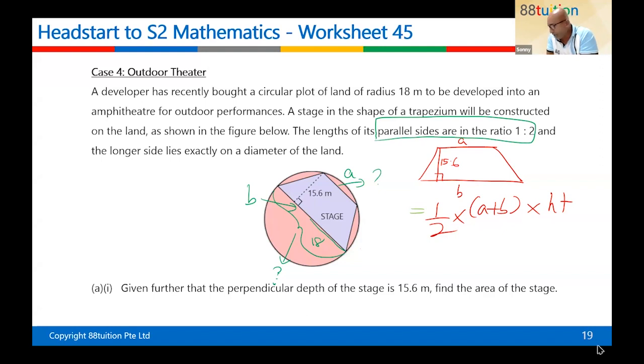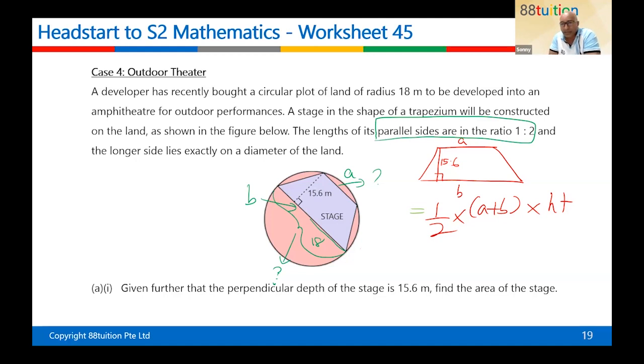First and foremost, find the length of the parallel sides. That should be the first thing you need to do. So what is A? What is B? You know the radius is 18. So what's the diameter? The longest side lies exactly on a diameter of the land.